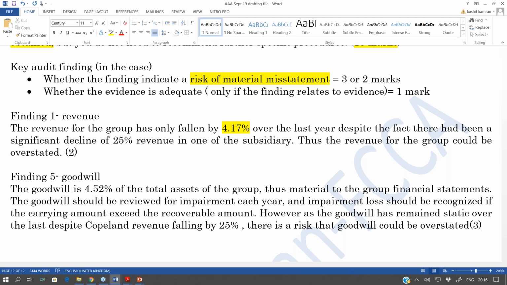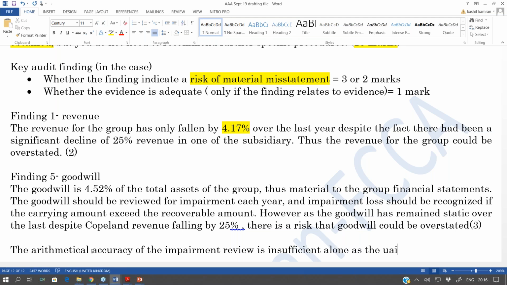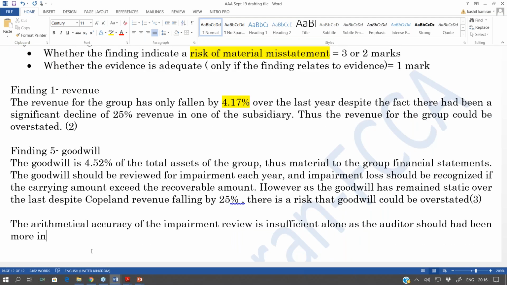Okay, now should I write about evidence? The arithmetical accuracy of the impairment review is insufficient alone, as the auditor should have been more investigative of the basis on which the recoverable amount was determined.